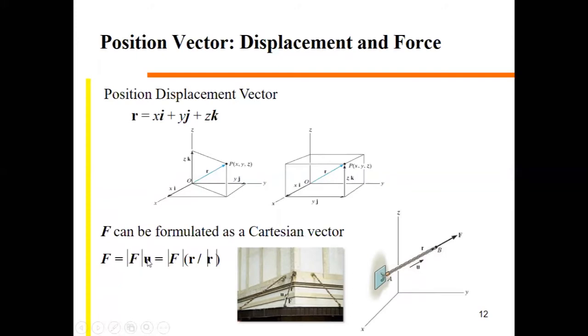U is a unit vector. Now let us find the position vector of this. The position vector is R. What is a unit vector? If we divide R by the magnitude of R, that is the unit vector. So U means R divided by the magnitude of R. This is the vector in terms of the position vector. We need the unit vector.